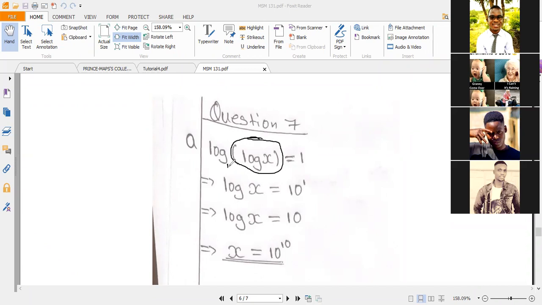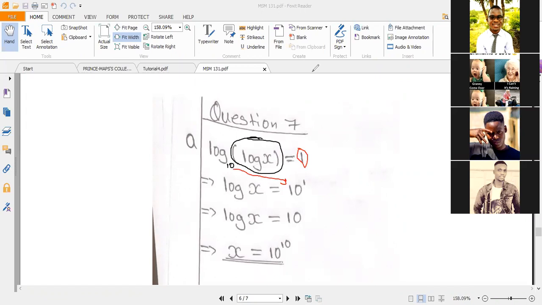So the base 10 will now come here and be raised to the power of this 1. So it will be 10 to the power 1, and then this argument is now your answer.